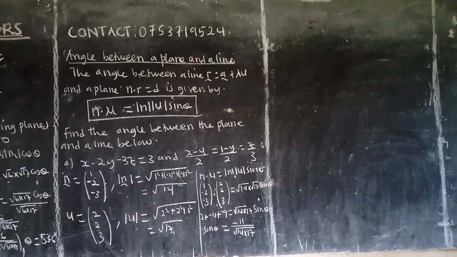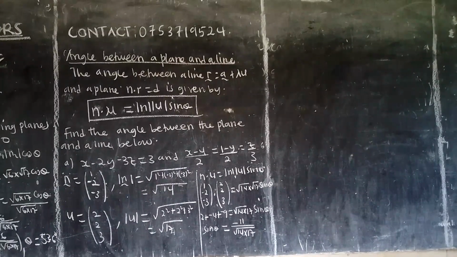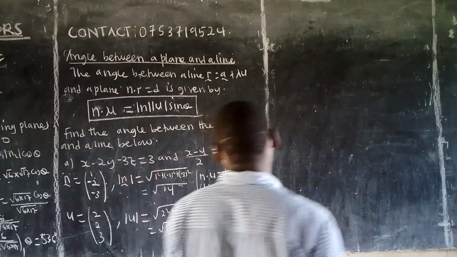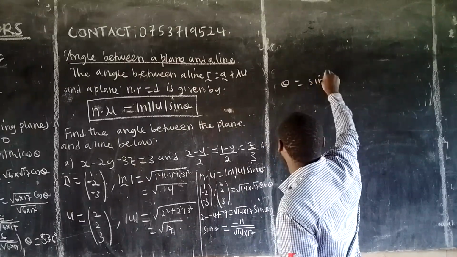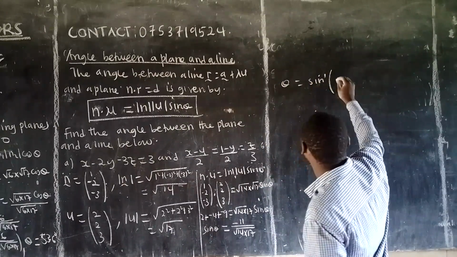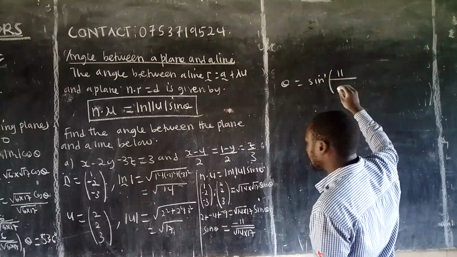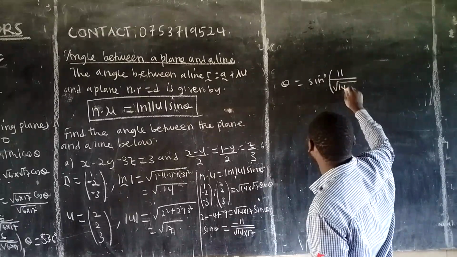So when the negative comes in, you ignore the negative. Always, when negative comes in, you ignore the negative. Now I'll have theta is equal to sine inverse of 11 over square root of 14 times 17.